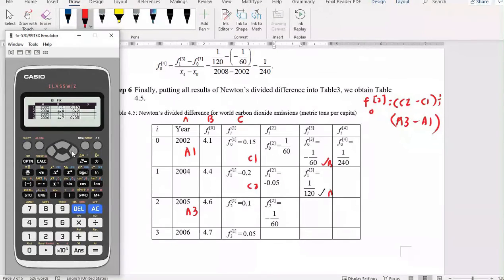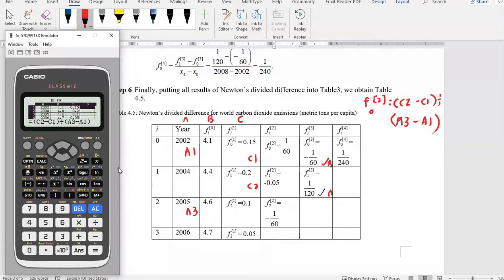So move to column D, so alpha C2 minus alpha C1, divided by alpha A3 minus alpha A1. So make sure you key in the first formula correctly.